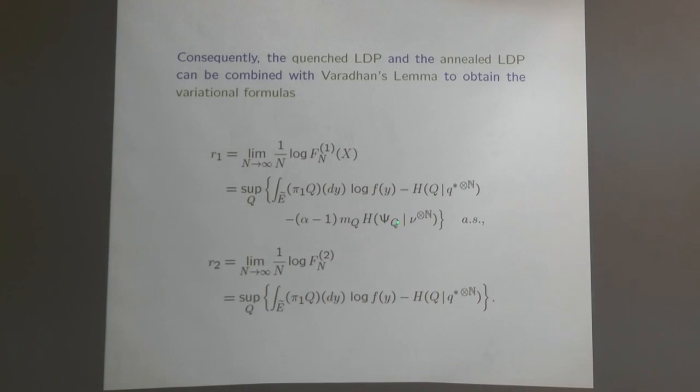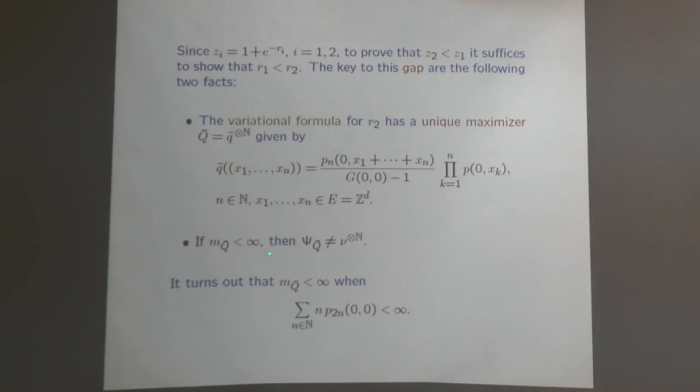So if at that particular value this term is non-zero, it must be then the case that R1 is less than R2. And so all that I have to check is that the psi that I get by taking this measure and doing the concatenation projection makes me end up with a measure that is not the measure nu, that's not the product measure as we have it, which was the law of the increments.